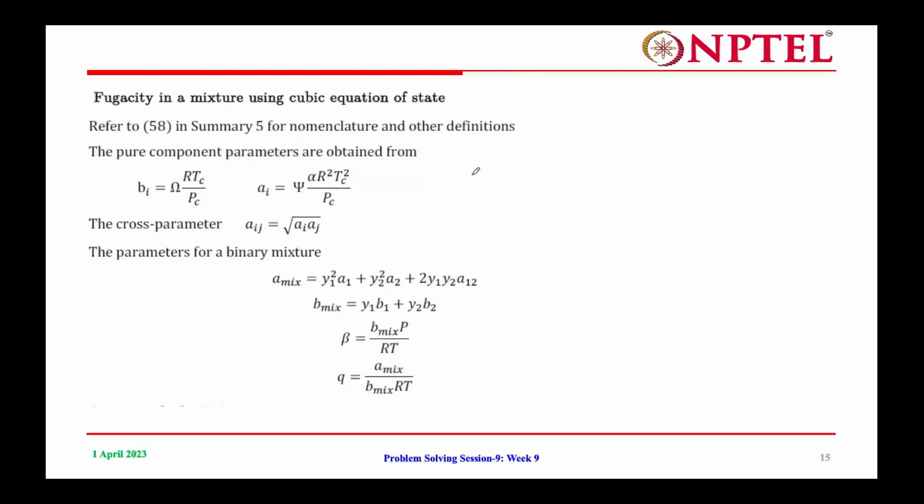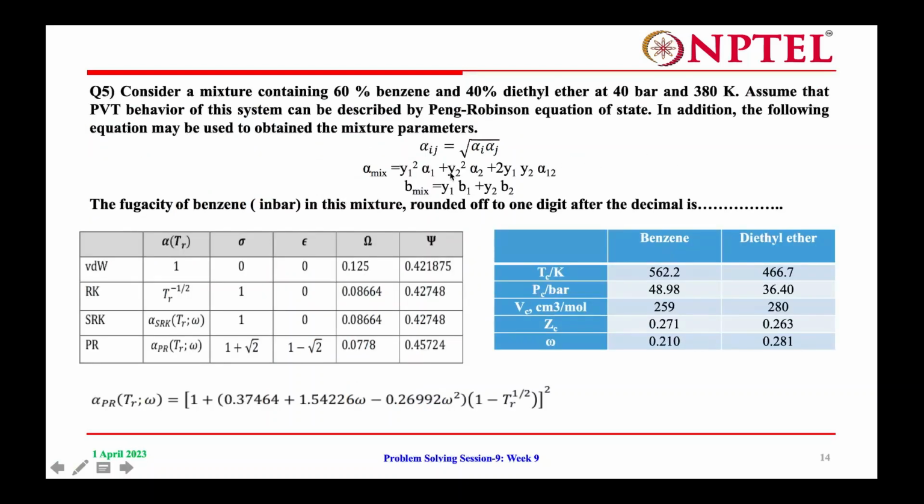So Bi. So here as per the benzene's fugacity, so take the value of the benzene's reduced, critical temperature, critical pressure, critical value.